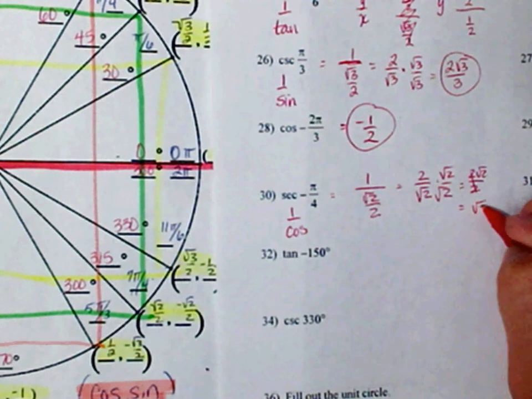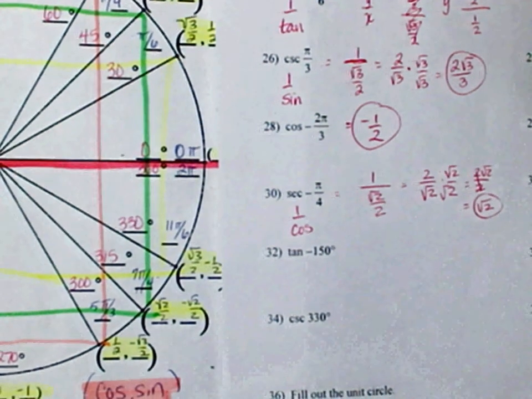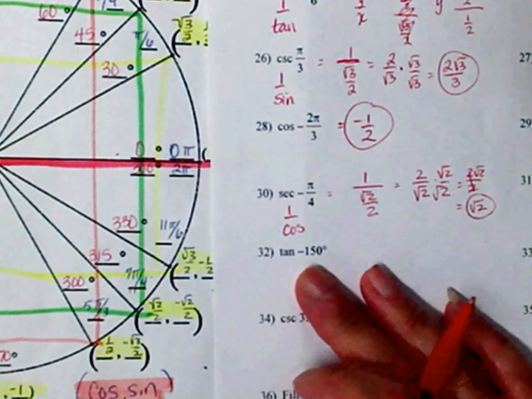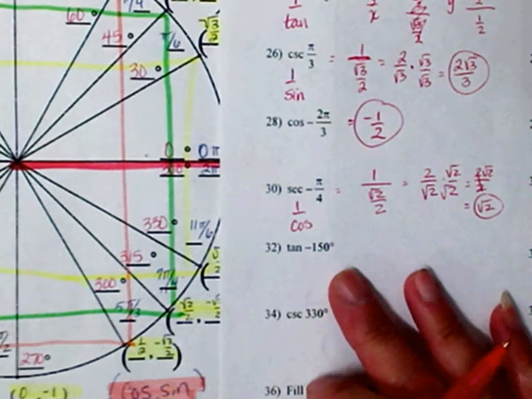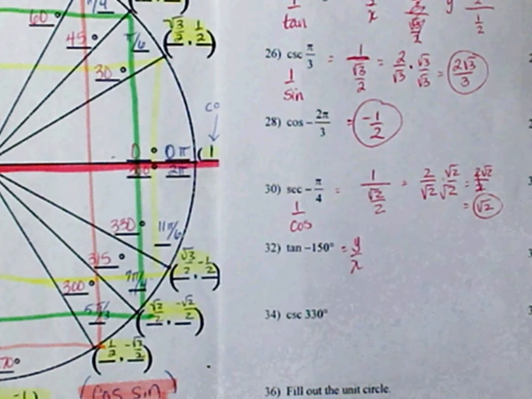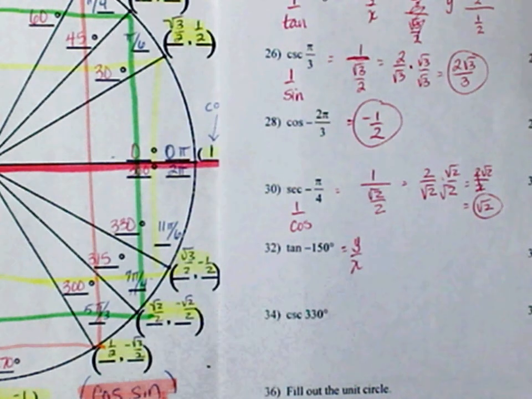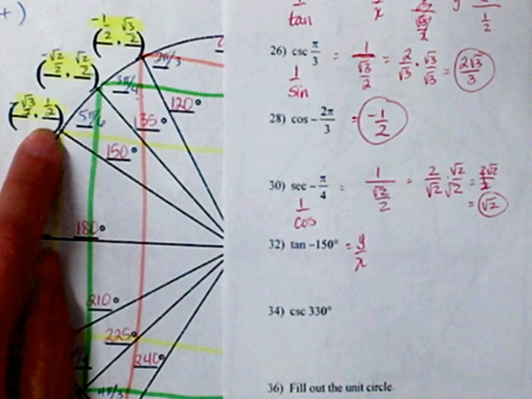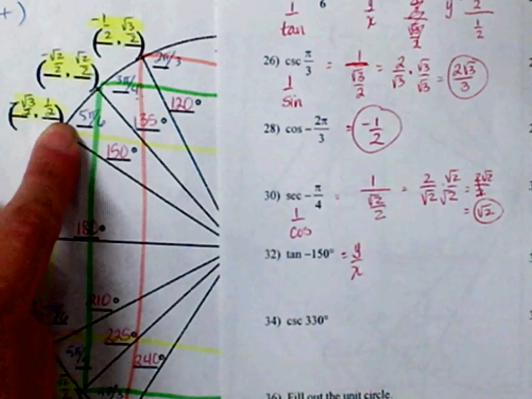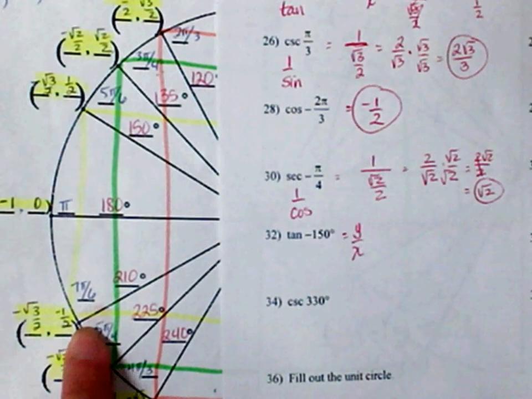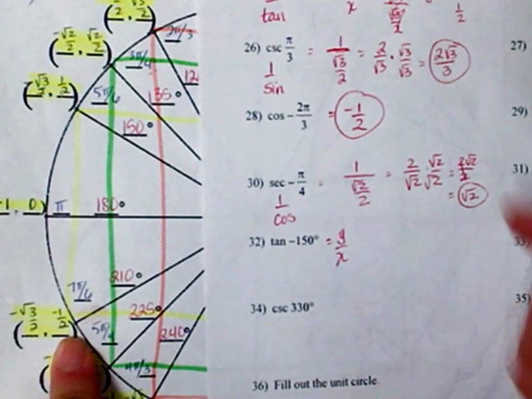Number 32, tangent of negative 150. Remember, tangent is y over x, okay? So tangent of negative 150, where is negative 150? Right over here. This is 150. Since it's a negative, I'm going to reflect it on the x-axis, and so we're talking about 210 degrees. Tangent is y over x. So negative 1/2 divided by negative square root of 3 over 2.